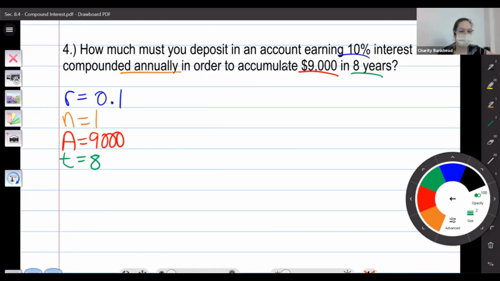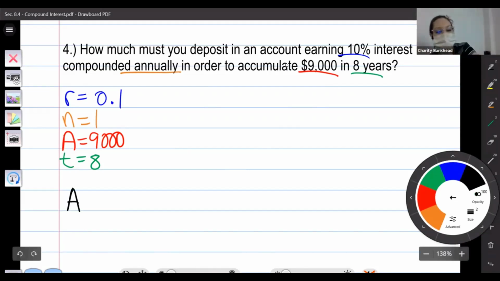So this one's a little bit different because we're going to be solving for P. P is the unknown in this case. And I've also noticed on MyLabs that they like to simplify the formula whenever n is equal to 1. So basically they just take the n out of the formula.